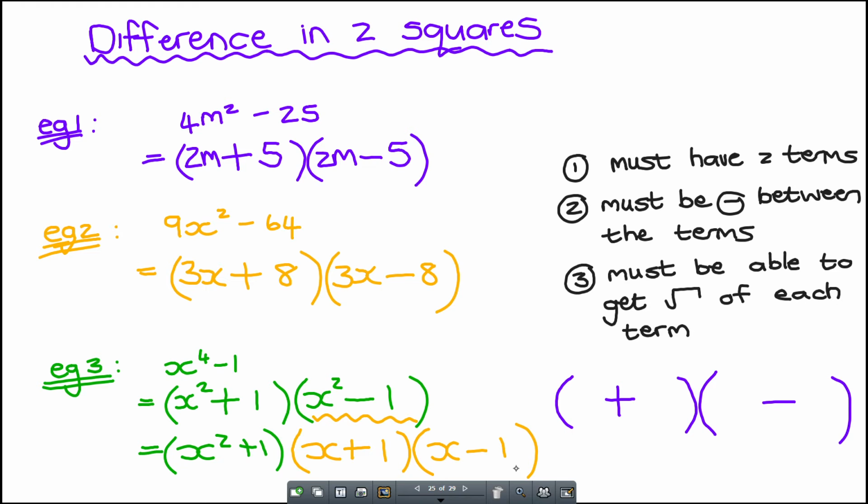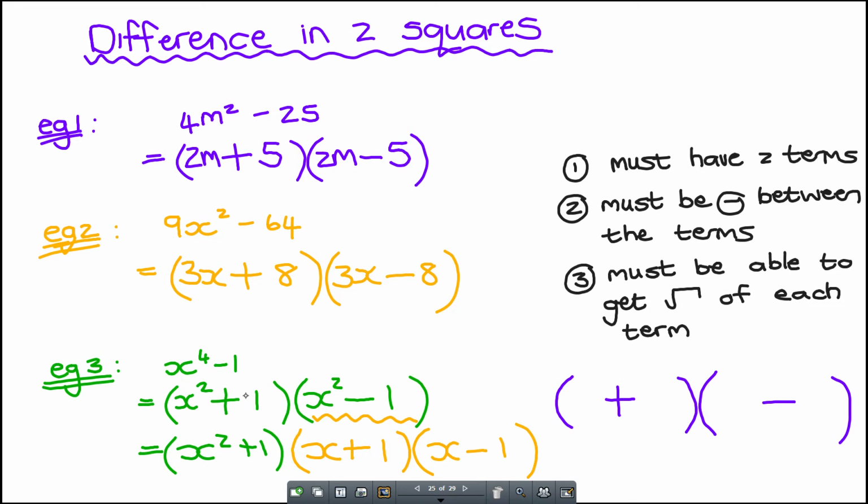Grade 9, I want to explain so you guys can know what's going on. Right. So you were fine up until here. Now the only thing is, you had to look at, maybe I can go further, maybe I can factorize again. So that first bracket was x squared plus 1.